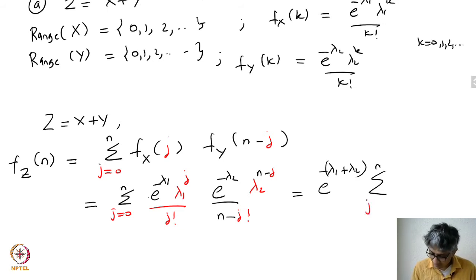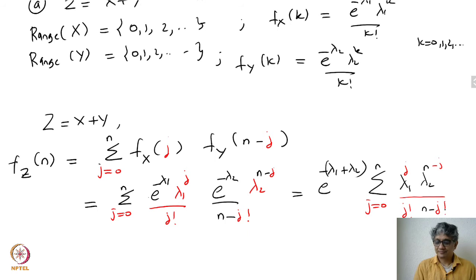What's left inside is lambda 1 to the power j, and then lambda 2 to the power n minus j, which I'll leave as it is, divided by j factorial and n minus j factorial.